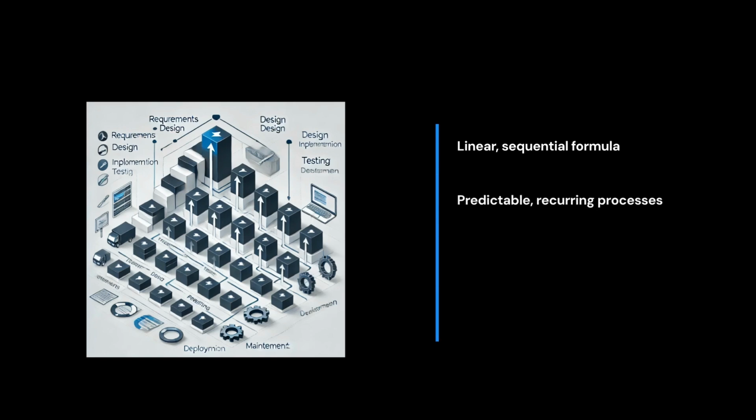The Waterfall project management approach follows a linear, sequential formula. It works well for work that has predictable, recurring processes, yet it can leave development teams flat-footed and unable to adjust faster than a competitor.